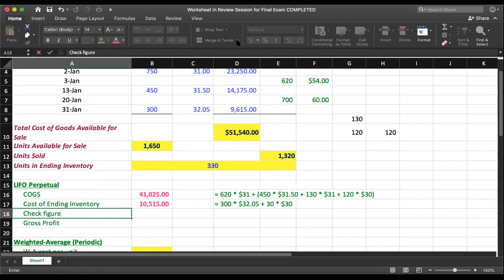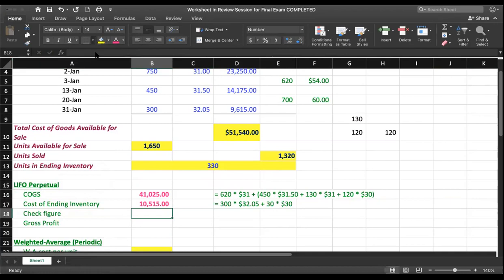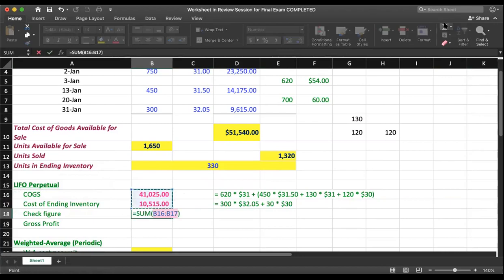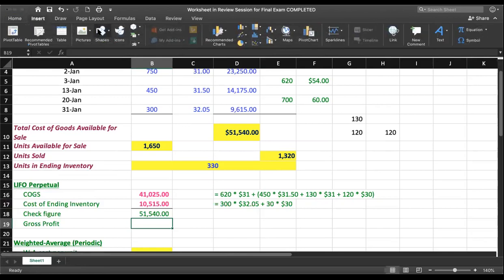And so now what I'm going to do is a check figure. The check figure says that the sum of the cost of goods sold plus the cost of the goods in ending inventory will equal the cost of goods available for sale. And lo and behold, this is what has happened.